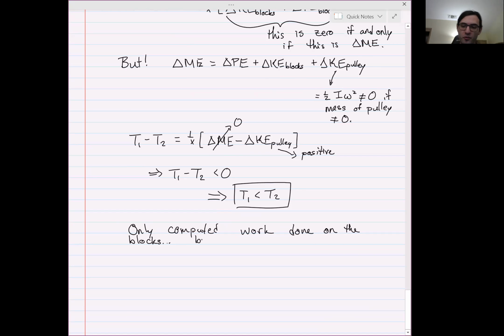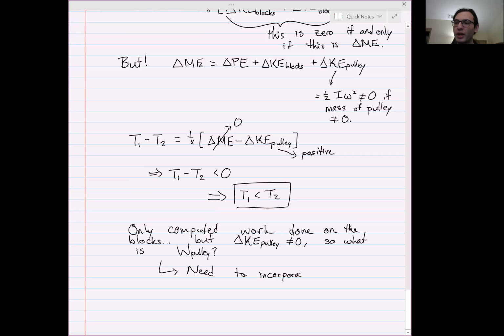But the change in kinetic energy of the pulley is not 0. So that means that there should be some associated work done on the pulley. So in order to answer this question, we need to incorporate force somehow into rotational motion.